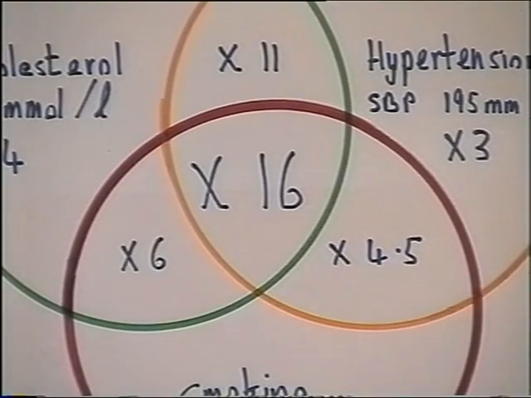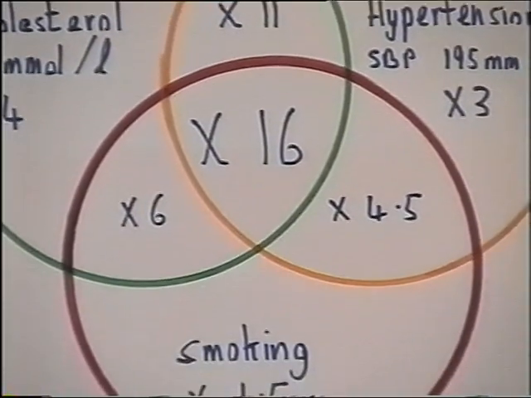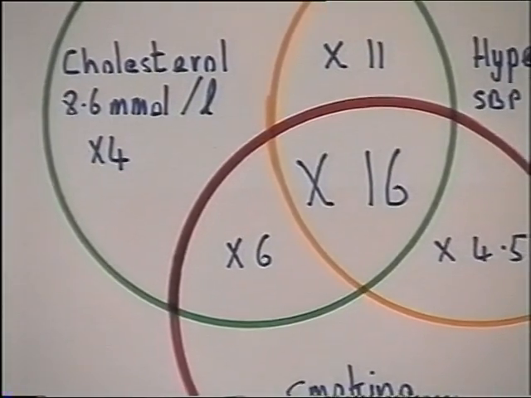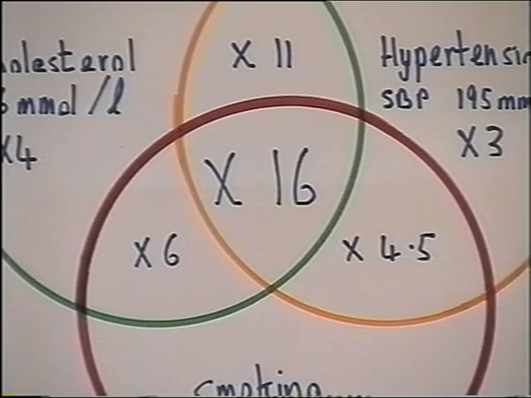This is why it's particularly important, if someone does have hypertension, that they don't smoke. It's particularly important that their cholesterol is checked and, if necessary, treated, because risk factors of coronary heart disease are synergistic as opposed to additive in nature.